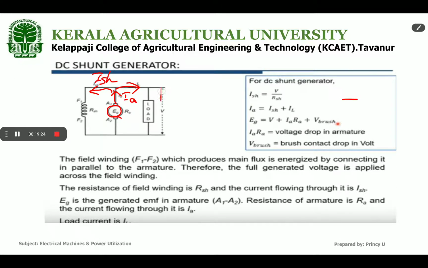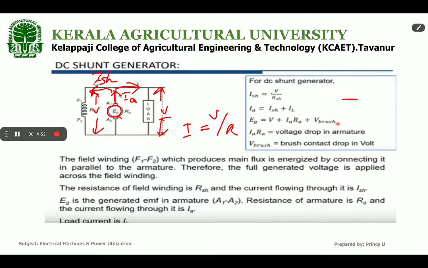This is a parallel circuit, so the voltage will be the same. V is the voltage across the shunt field winding also. So V divided by the resistance gives the current flowing through the field winding, ISH. We know the equation of current is I equal to V by R. Here the terminal voltage is V.